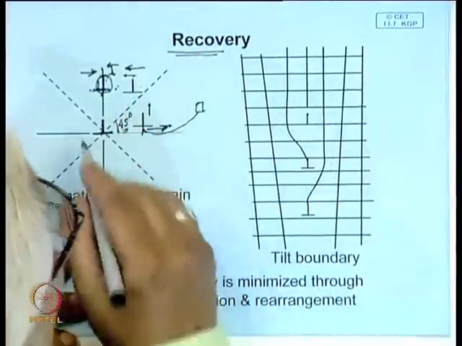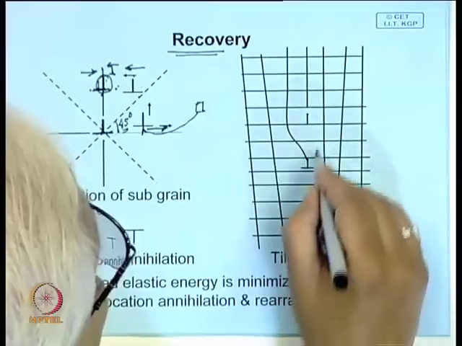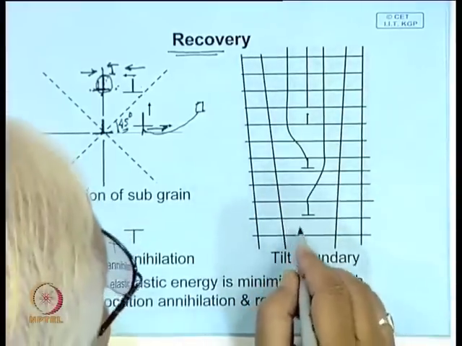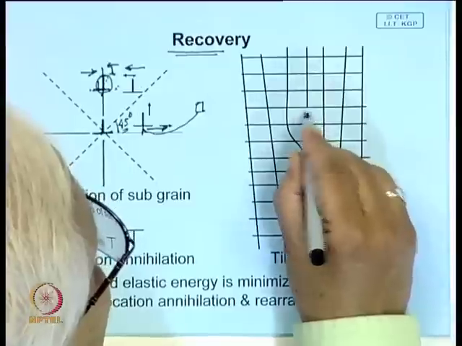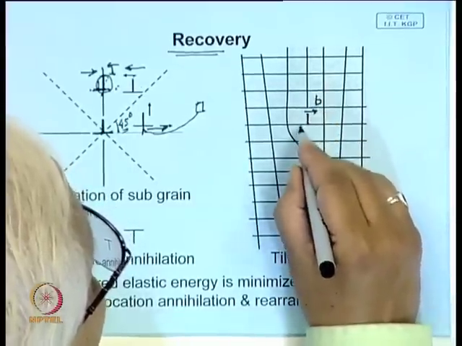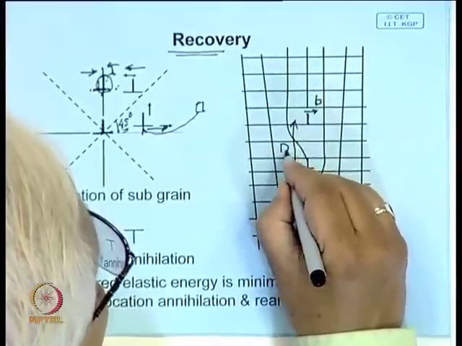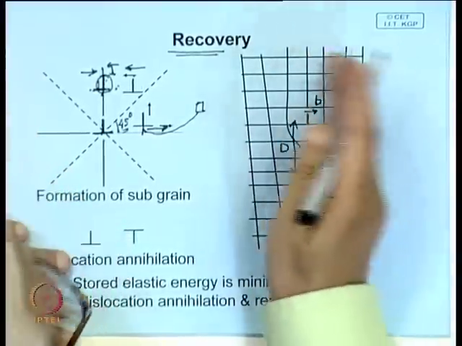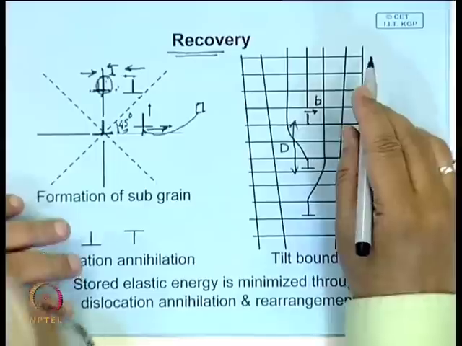And now, this is called a dislocation boundary, and when you have dislocations like this, we have seen that each has a Burgers vector b, which is a displacement. If this is the distance between the two dislocations, capital D, then it is as if it's a tilting, and it's called a tilt boundary.